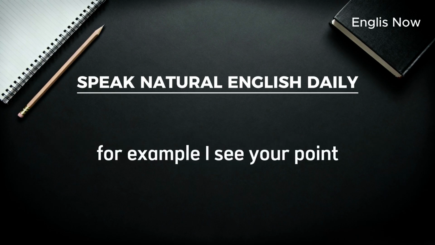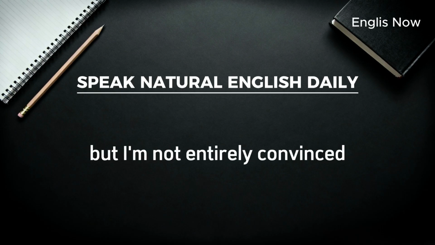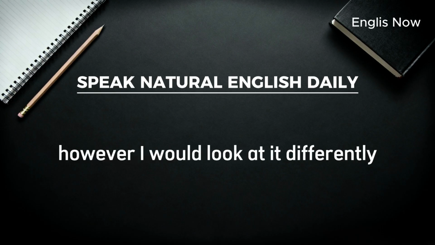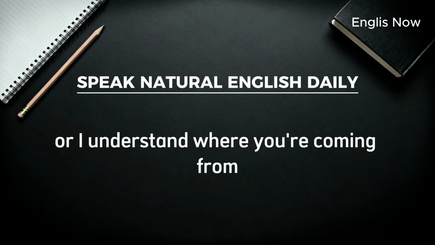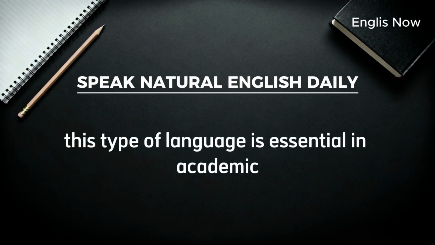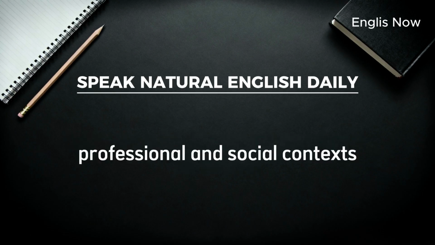For example, I see your point, but I'm not entirely convinced. Or, that is an interesting perspective. However, I would look at it differently. Or, I understand where you're coming from, though I'm not sure I completely agree. This type of language is essential in academic, professional, and social contexts.